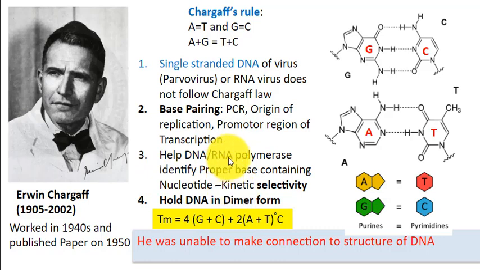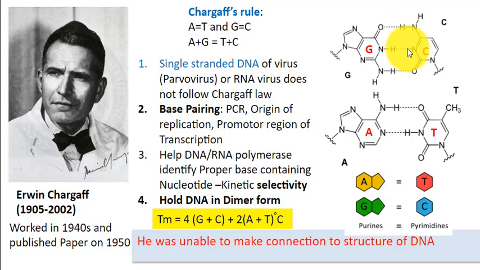Base pairing is a very important tool that we use. Our understanding of base pairing we utilize for the polymerase chain reaction. You can see that in polymerase chain reaction we use this formula. We find out the melting temperature of the DNA probe through this formula, and the G and C base pairing, because there are three hydrogen bonds, decides the melting temperature.